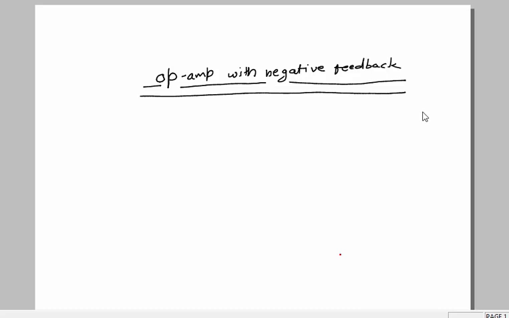Op-amp you might already have studied in your previous semesters. The feedback we studied here as a separate topic, and there we have covered almost all the aspects of feedback. Here we will consider the negative feedback aspect of the op-amp.